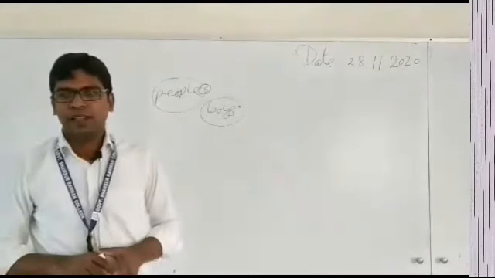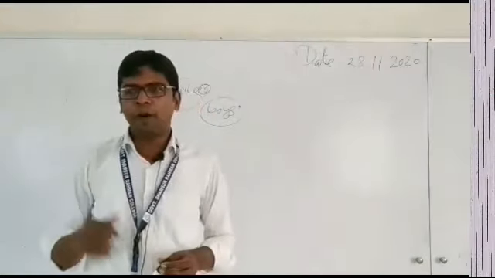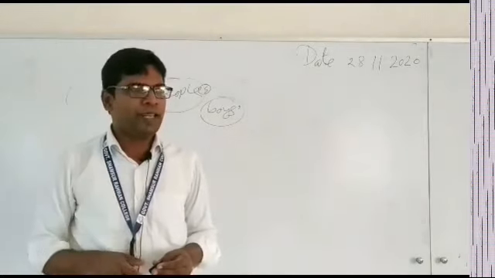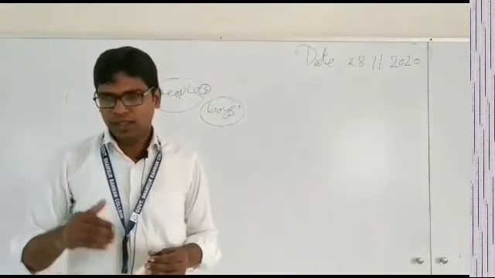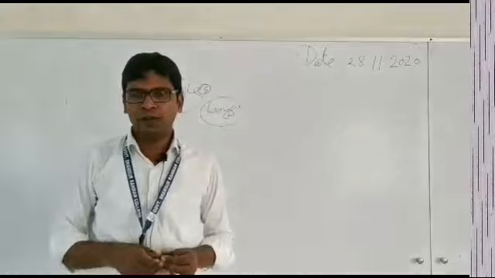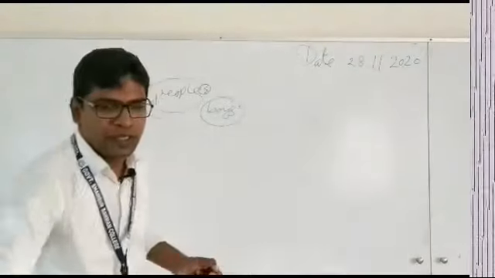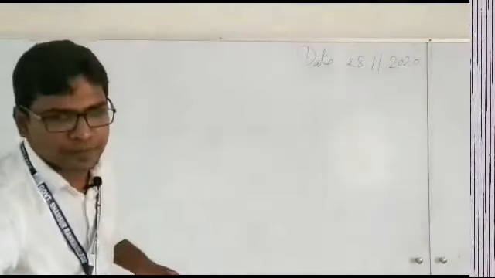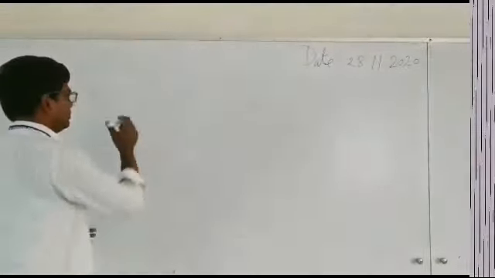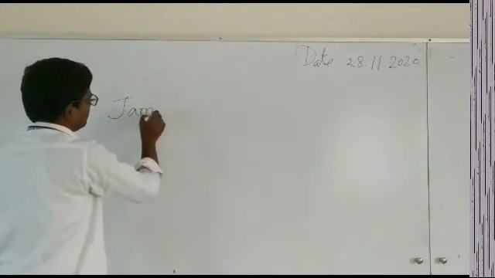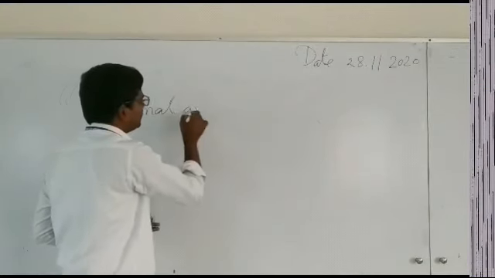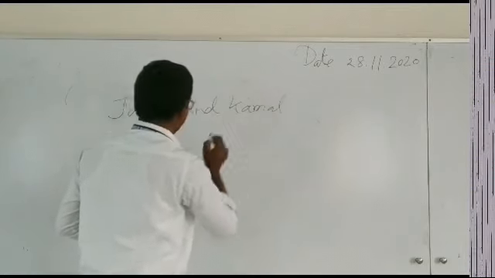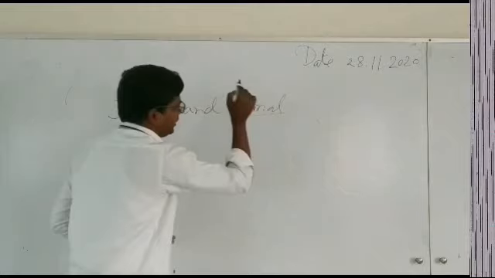Dear students, if the word is a compound word, using and, how can we make the compound word into possessive form? See the example. I want to cite an example. Jamal and Kamal.